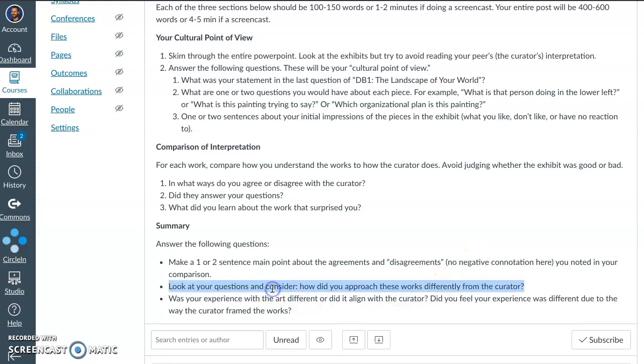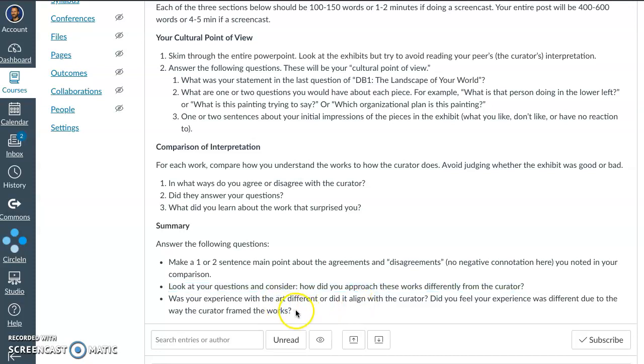Look at your questions and consider, how do you approach these works differently from the curator? What this gets at is that they're asking certain questions, and granted they're the questions I assigned, but you're looking at the works and asking other questions. That to me is a good starting place to say, you're going to have different assumptions about what you might get out of this. So this is a way to get to our different cultural assumptions.